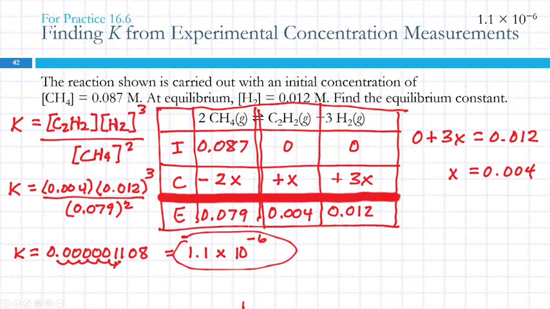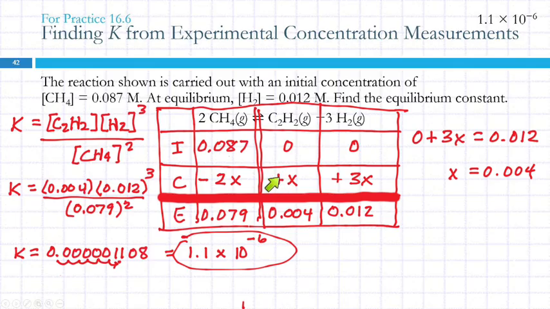Any questions? Yeah. That's a great question. What determines whether these are positive or negative? Well, in the cases that we've looked at so far, we've started with reactants and we've had no products. So can we go lower than 0? No, we can't.